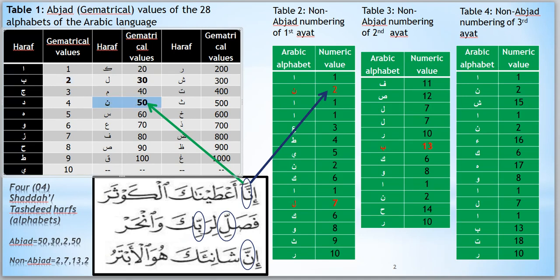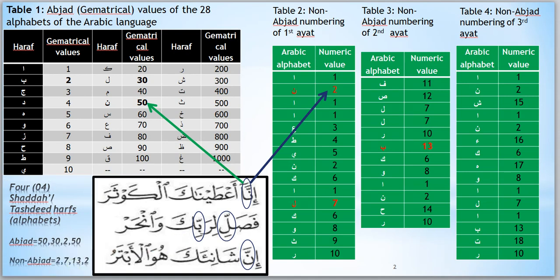So 50, 30, 2, and 50. For the non-abjad case, Noon is 2, Lam is 7, Ba is 13, and Noon again is 2. So these are the cause of such numbering.